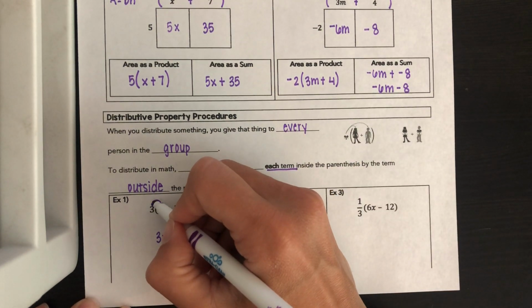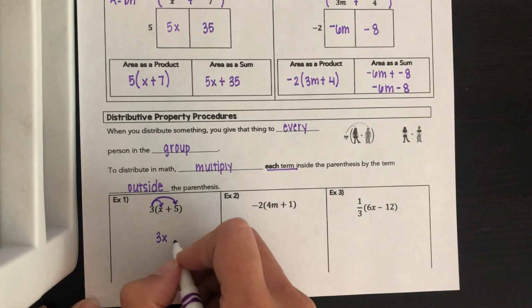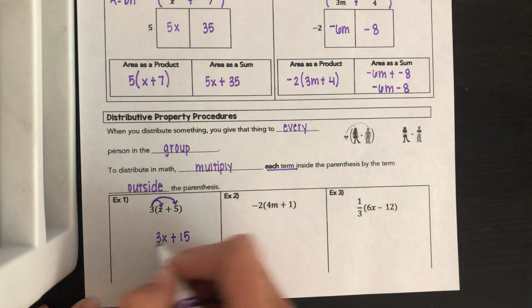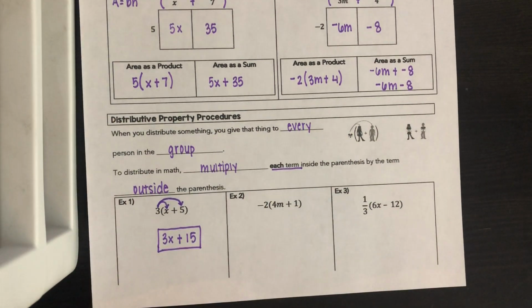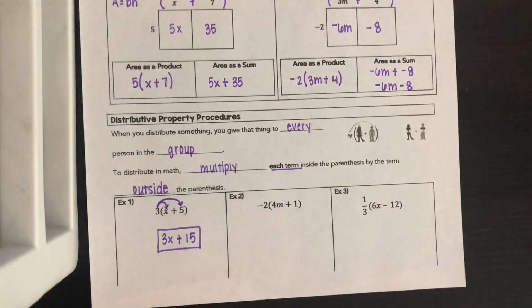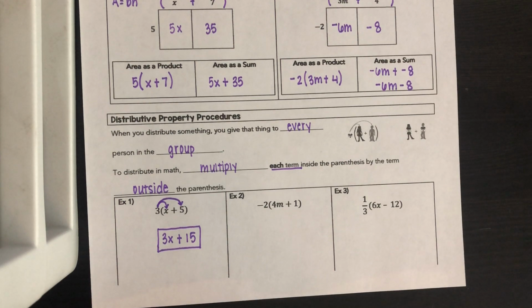And then we would take 3 and multiply it by 5, which gives us +15, so we would add 15. And now we have a simplified expression. We've eliminated our parentheses. I think it's pretty helpful to draw those arrows to make sure, again, that we're giving this term to everything inside the parentheses. We're being fair. So it helps me to make sure we're doing that.